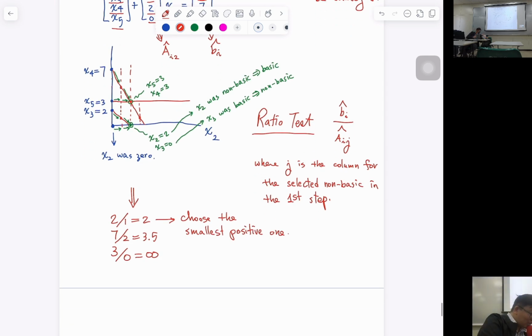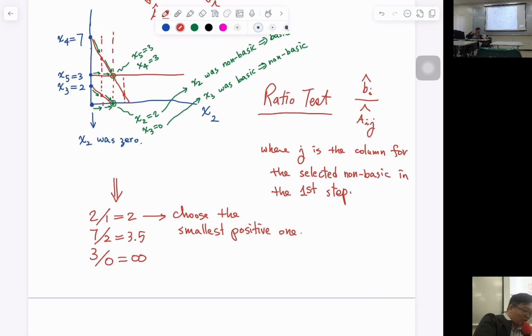And what do these three ratio tests represent? This represents the selection of x3, this is x4, this is actually x5. So when we find the smallest positive ratio, that represents a particular basic variable, and that one will be swapped to non-basic. So x3 was basic, now swapped to non-basic.